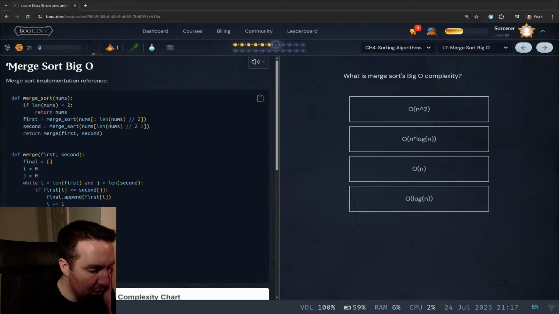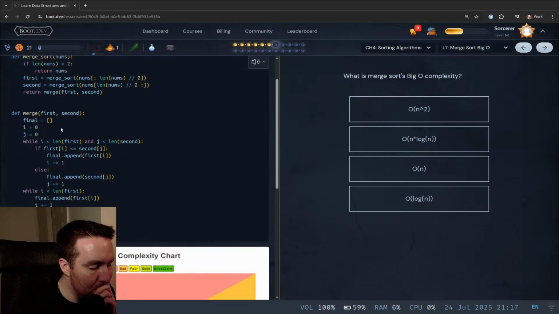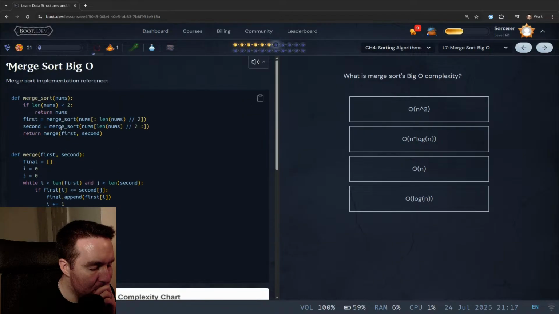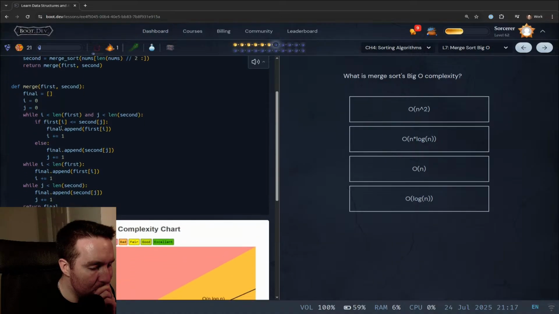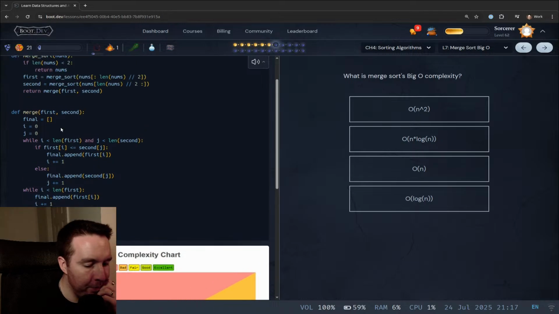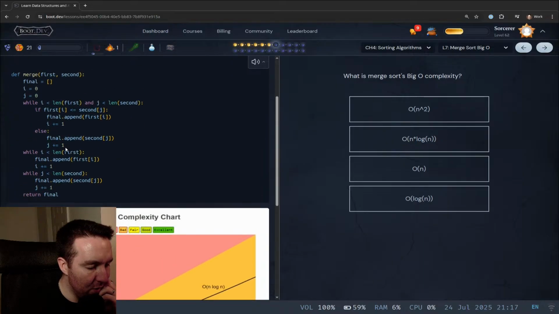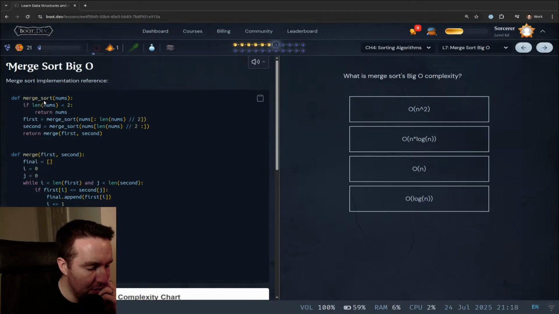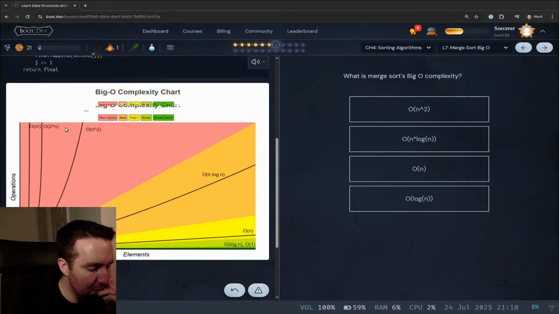What is merge sort's big O complexity? I'm not sure. I can't really think. There's no nested loops. Well, I suppose there is, with its recursive nature. I'm not really sure, to be honest.